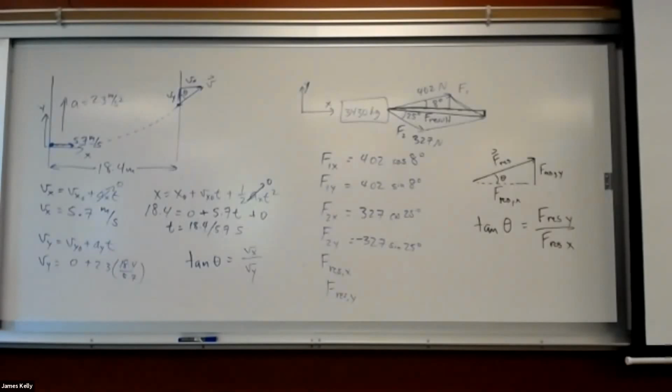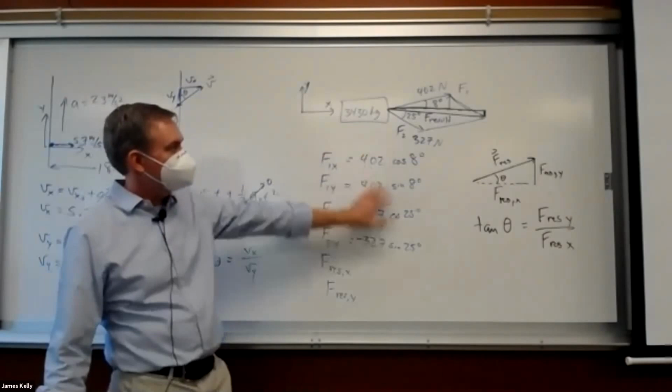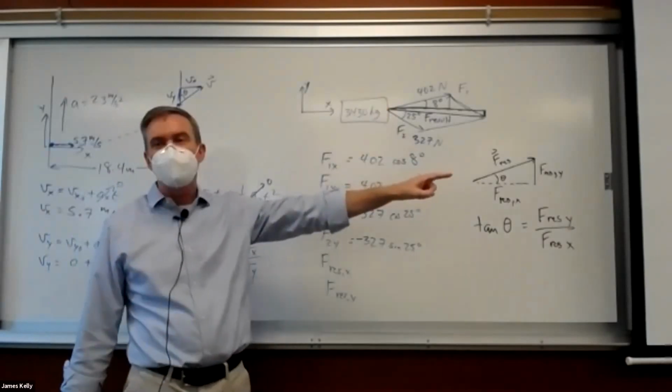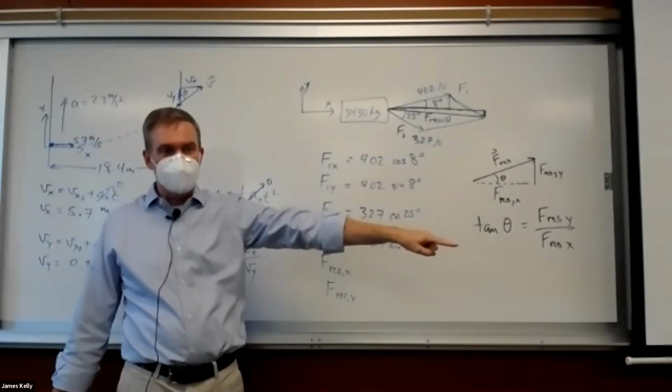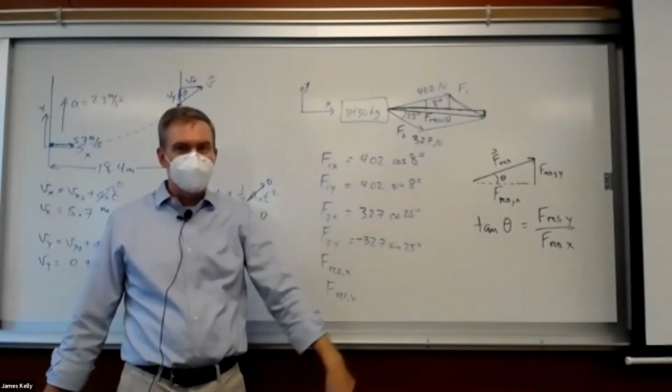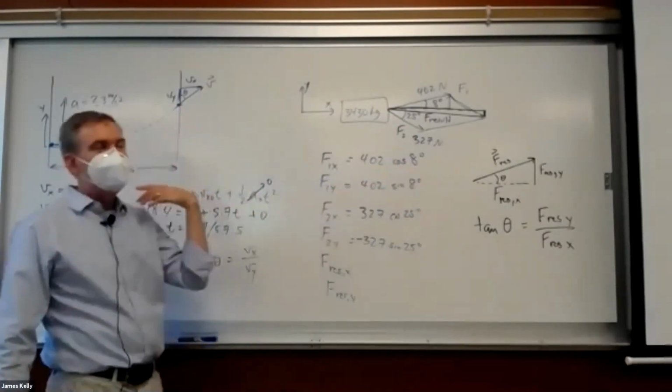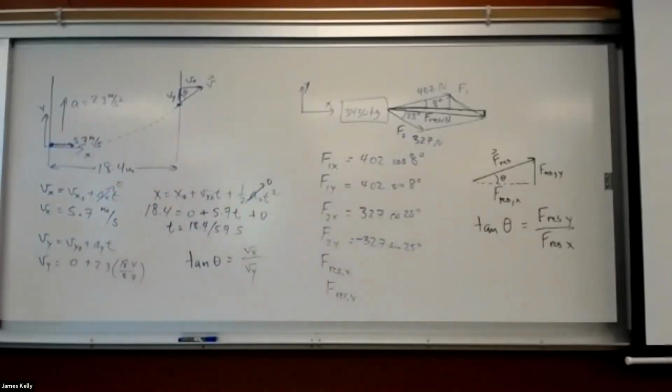Yeah, and that's generally true, that when we have x and y components of a vector, regardless of how we got it. In this case, we had to add something. But if you have a vector and you've got its x and y components, and you want to find that angle in the standard position where these are positive angles and these are negative angles, and that's the x direction, tangent of theta is the y component over the x component, and then you can take the inverse tangent.